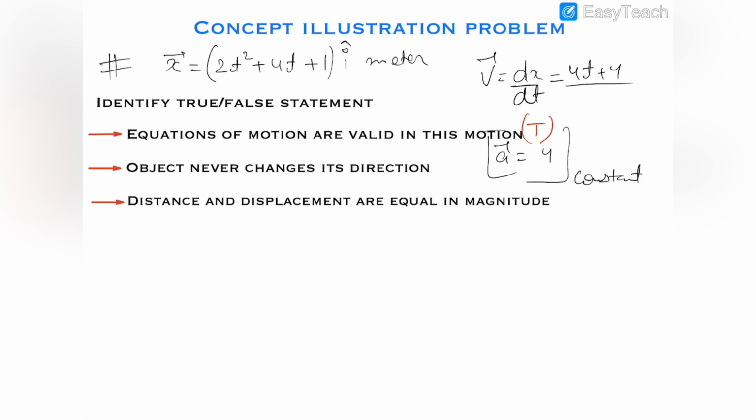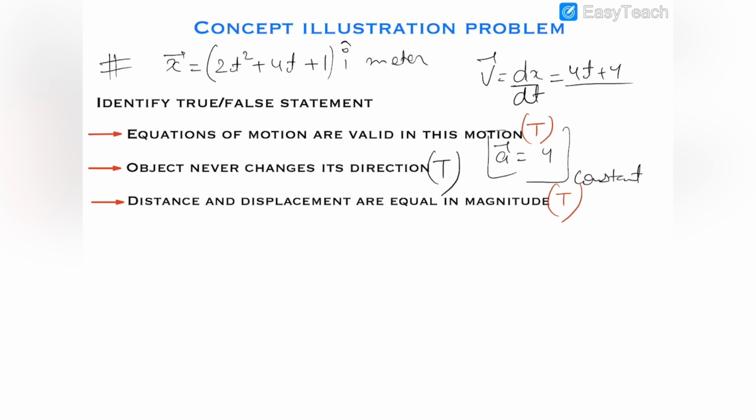In fact, acceleration is also constant, so the object will never change its direction. So this is also true. The third statement says that the distance and displacement are equal in magnitude. Obviously, when the object is moving on a straight line in such a way that its direction is never changing, then the distance and displacement are equal quantities. So this is also correct.